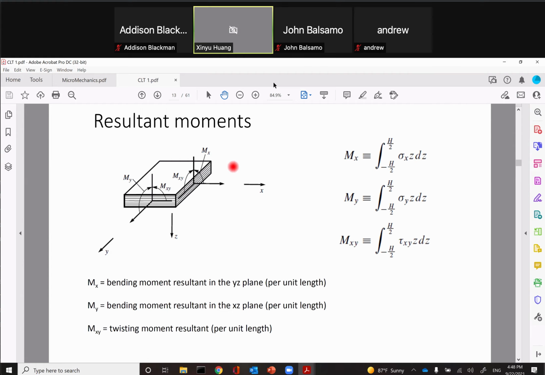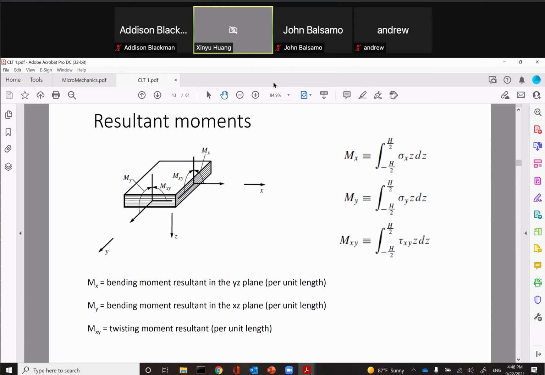So this is all per unit length. Let's say you know Mx for this plate. You know this length is 1 foot. You multiply Mx by 1 foot. That will be the pure moment, the total moment over that section. And the unit of Mx is the moment per unit length. This is moment per unit length, and this is also moment per unit length.